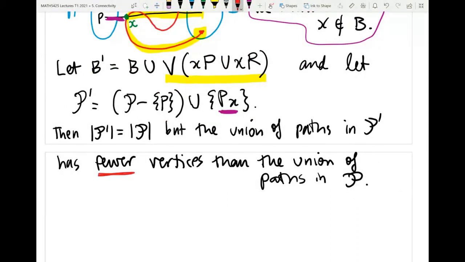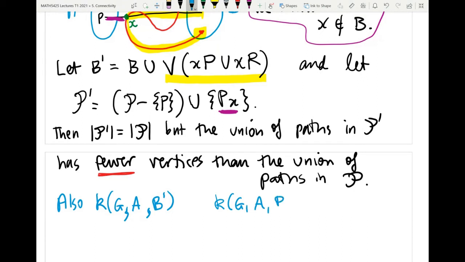And because of this, we can apply, oh, one more thing, but we will be able to apply induction in a second. One more thing is we need to think about K, what's happened to K. So if I want to separate A from a set B primed, which is now bigger than it was before, what could that do to K?